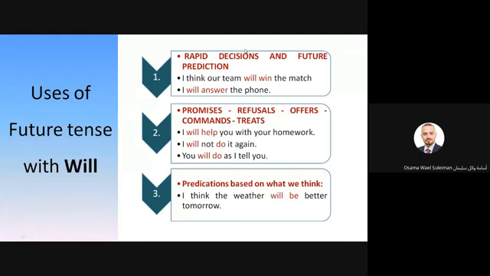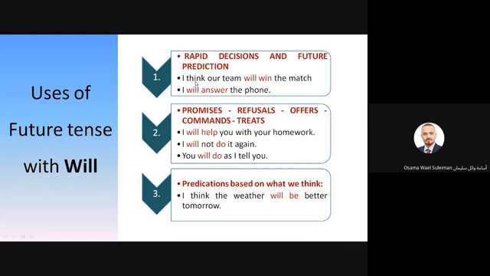So when we are making rapid decisions, we use will for future. When we are predicting something to happen in the future, we use will. For example, I think our team will win the match.